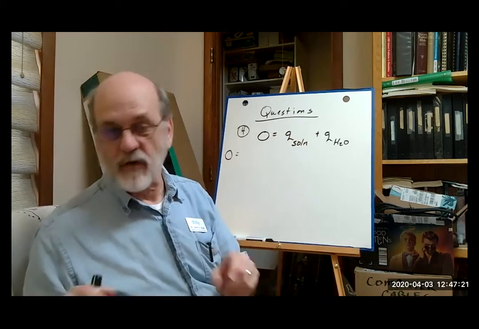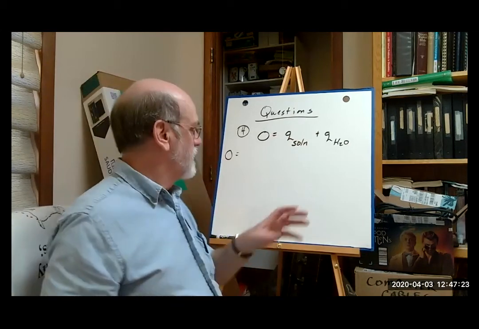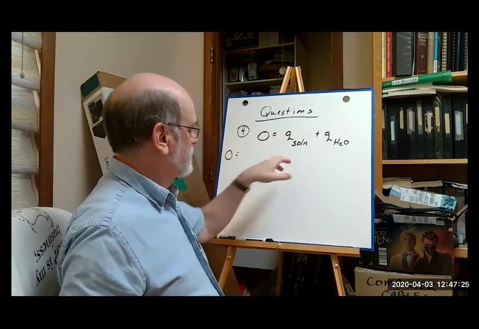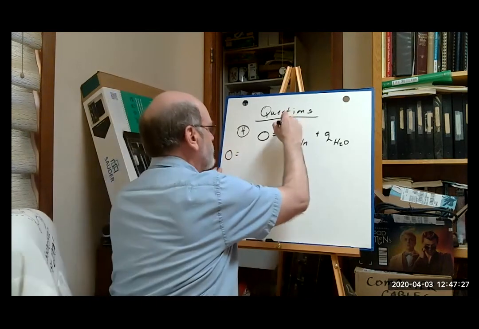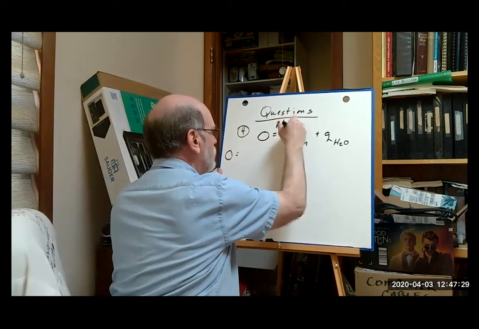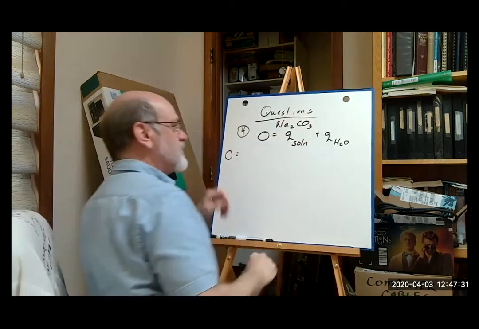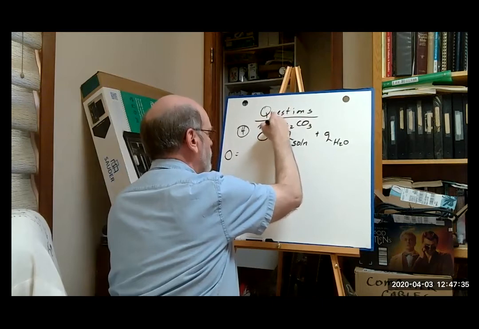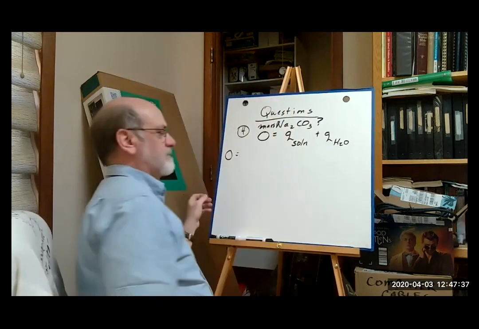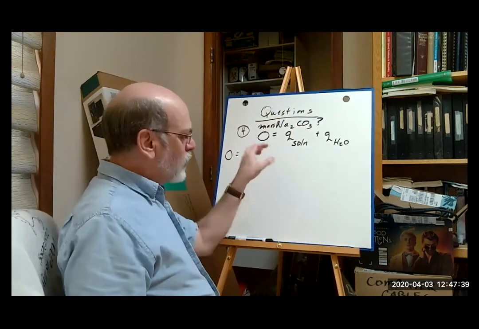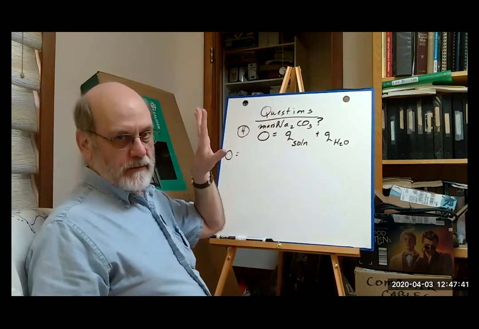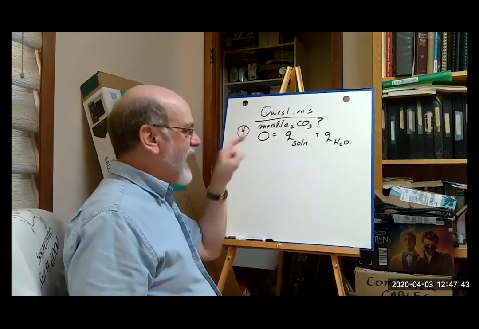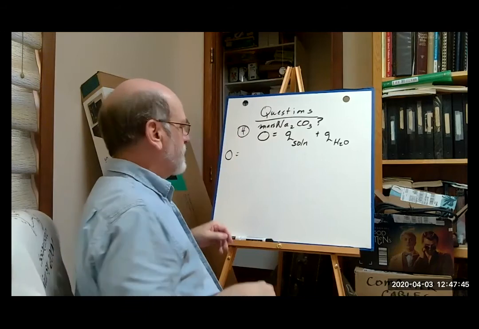Because it's asking us what mass of sodium carbonate is required. That's the question. All right, so we need to break out these terms so we can look for mass, right?